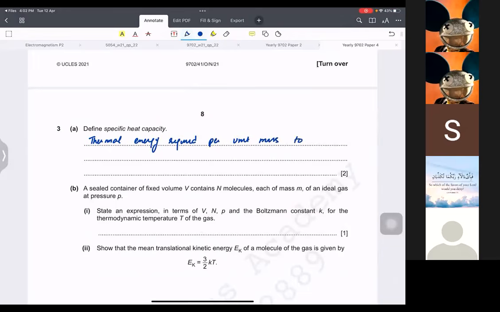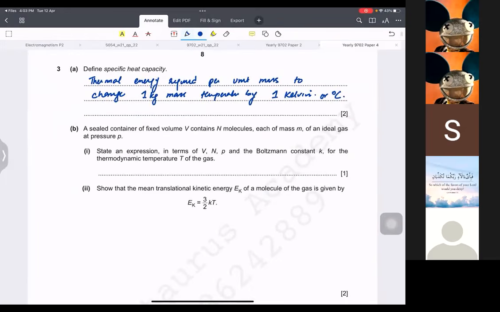To change one kg mass temperature by 1 Kelvin. This is what you should write. And you can also write Celsius, and you can write unit temperature.